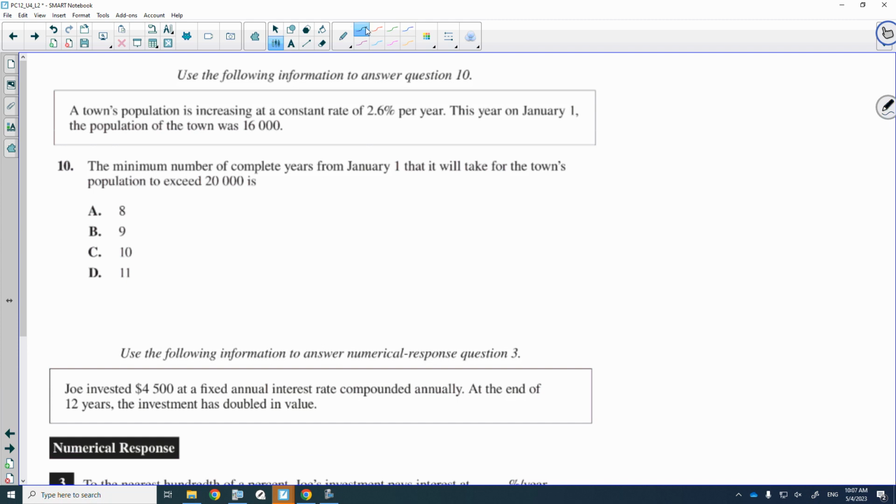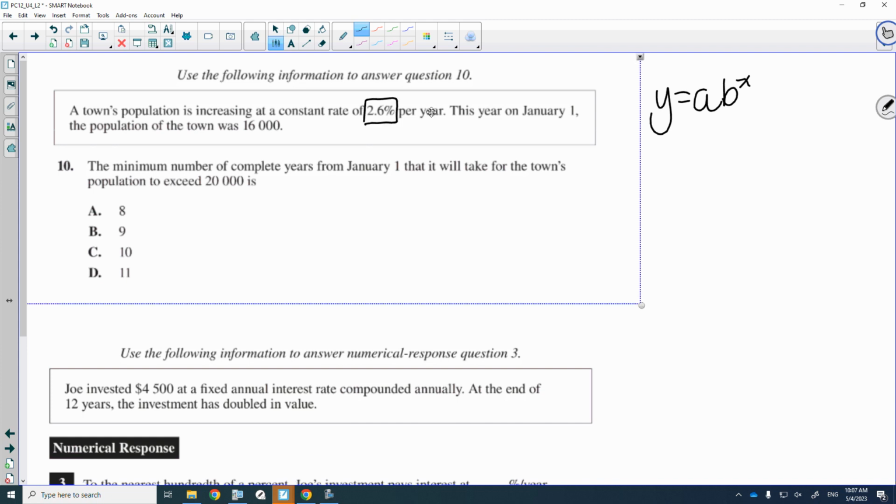Let's write our formula. Y is equal to A B to the X. So this is an old diploma question. A town's population is increasing at a constant rate of 2.6% per year. So what that means is we just do our normal calculation for base.